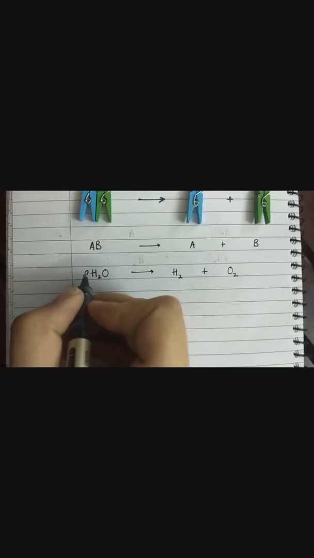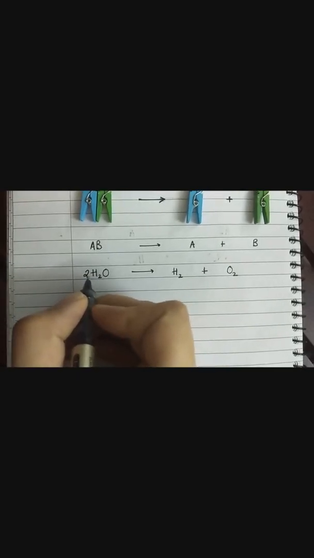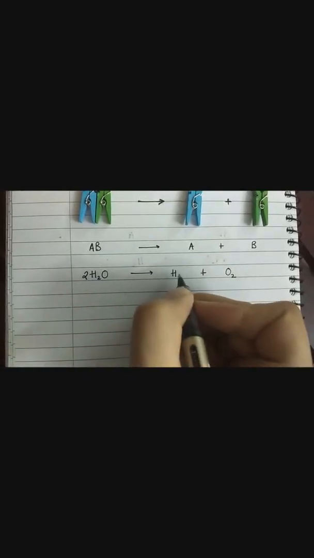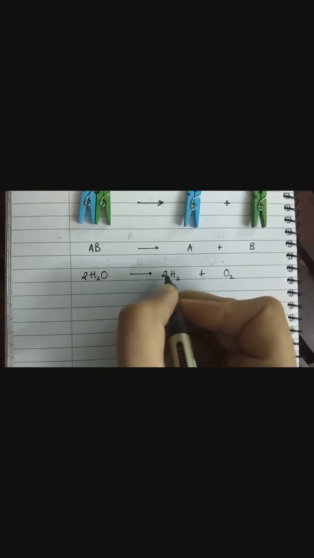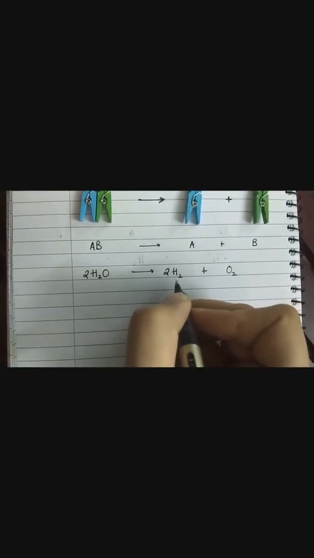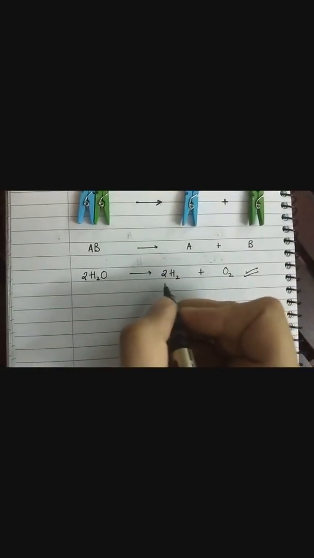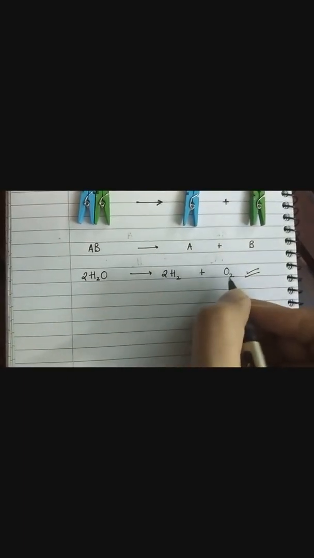Hydrogen on the left will be 2 multiplied by 2, which is 4, while on the right hand side I have only 2 hydrogen atoms. So if I put a 2 here, I will be having 4 hydrogen atoms on the right hand side as well. So this is your complete balanced equation. 2H2O breaks down to produce 2H2 plus O2.